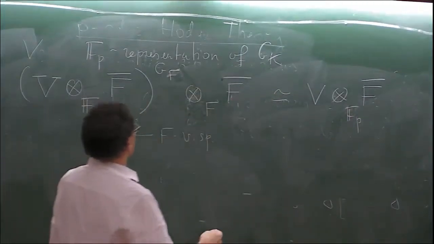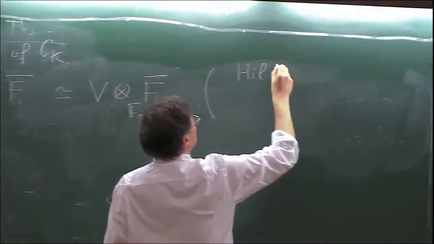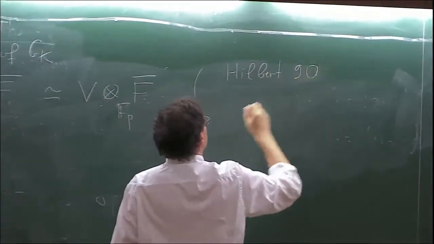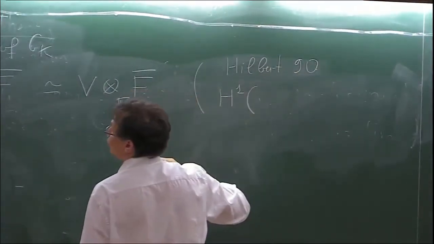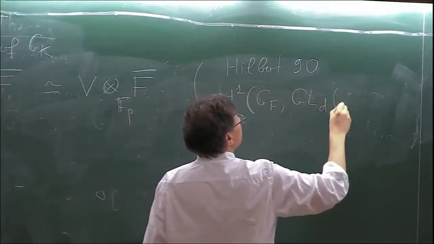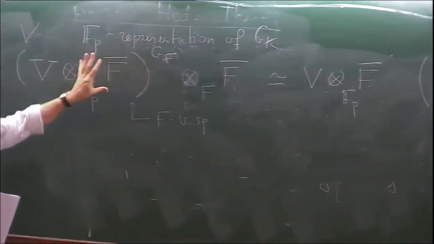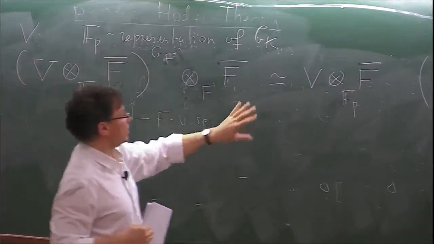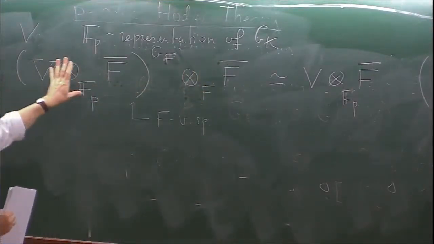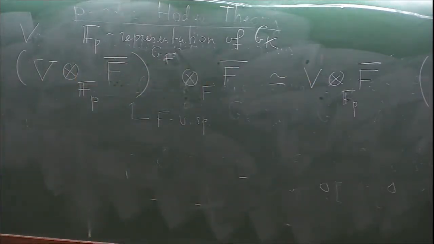And this follows from Hilbert's Theorem 90, which says that H^1 of G_F with coefficients in GL_d(F bar) is trivial. So we have a vector space with a semilinear action of a Galois group. We can always find an invariant basis. So this explains why this map is an isomorphism.